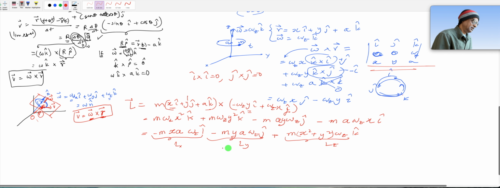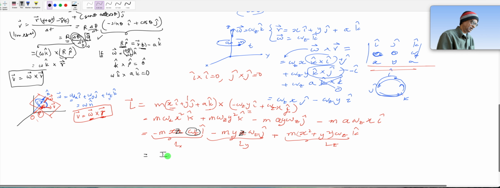So you can see that if I were to replace a with z, so let's call this z, and y z, this would be a generalization if the rotation was only along the z-axis. So this I'm going to write down. I've got Lx.